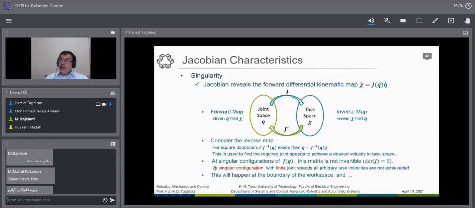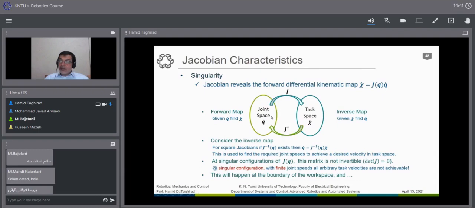When the Jacobian is square, the degrees of freedom of the joint space, or the number of actuators we are considering, is the same as the number of task space dimensions. So we have the same number of actuators as we require in the task.